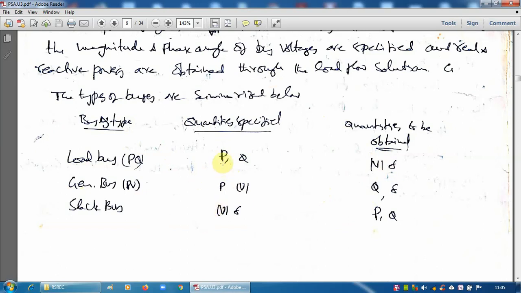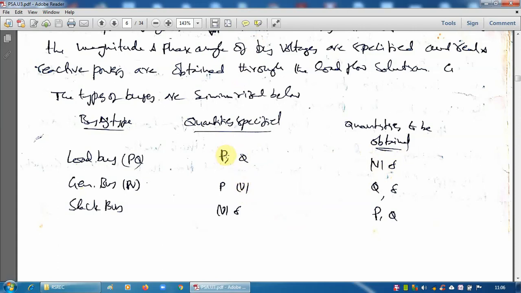Those 4 quantities are P, Q, voltage magnitude V, and voltage angle delta. As per our previous discussion, 2 quantities are specified at each bus, and the remaining 2 are to be determined in the load flow solution.